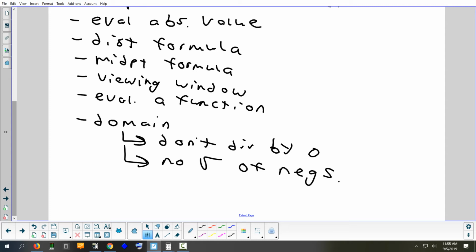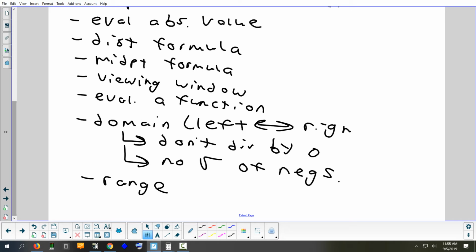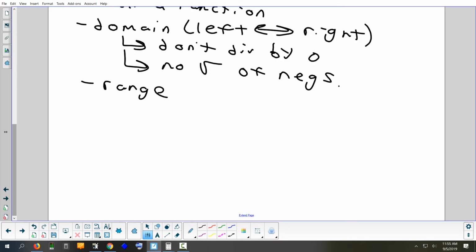Those are the 2 important things. So domain, we also did range. Remember, domain is left to right. Range, that's how high and low your graph goes, up and down.